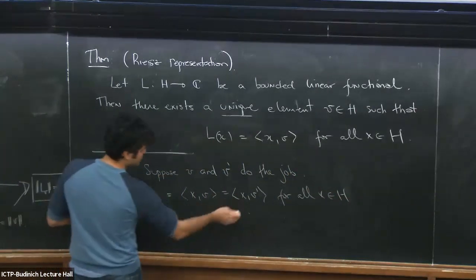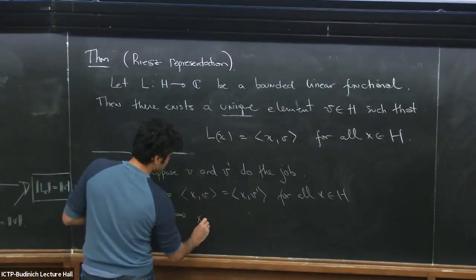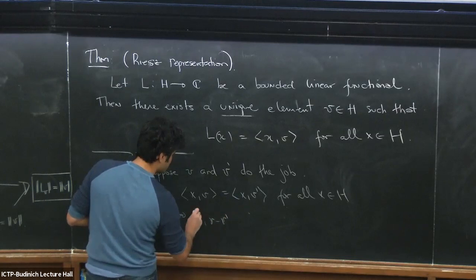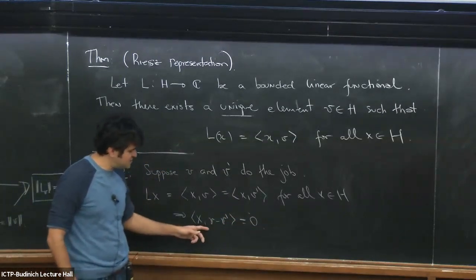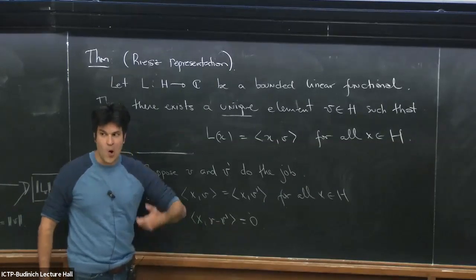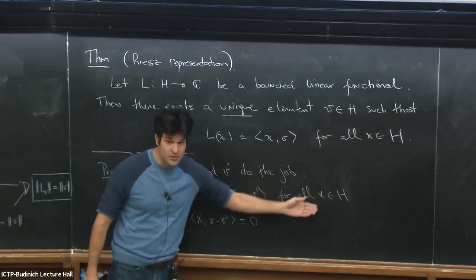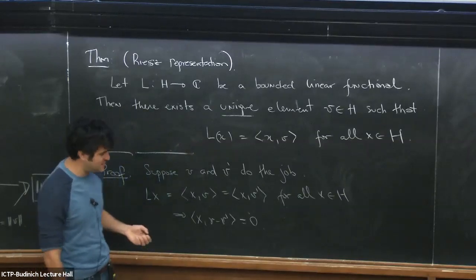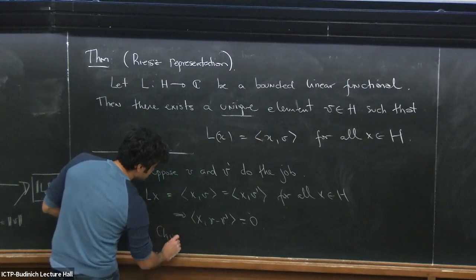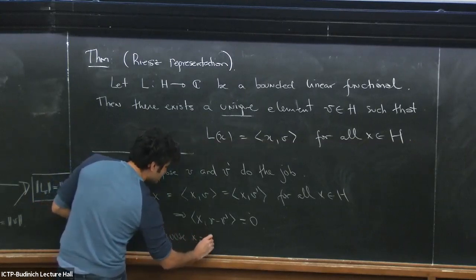But then you just subtract. So this implies that X scalar V minus V prime is going to be 0. Well, if X scalar V minus V prime is 0 for all the points X in your Hilbert space, there is one particular point X that you can choose to break that. So now you just choose X to be equal to V minus V prime.